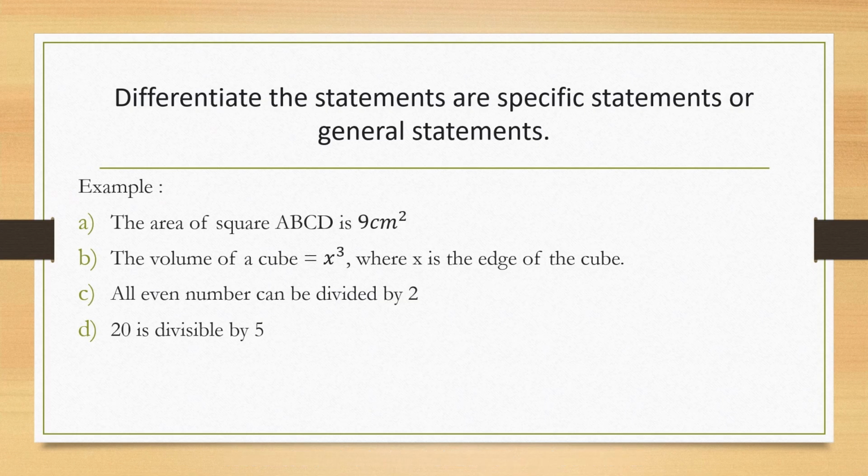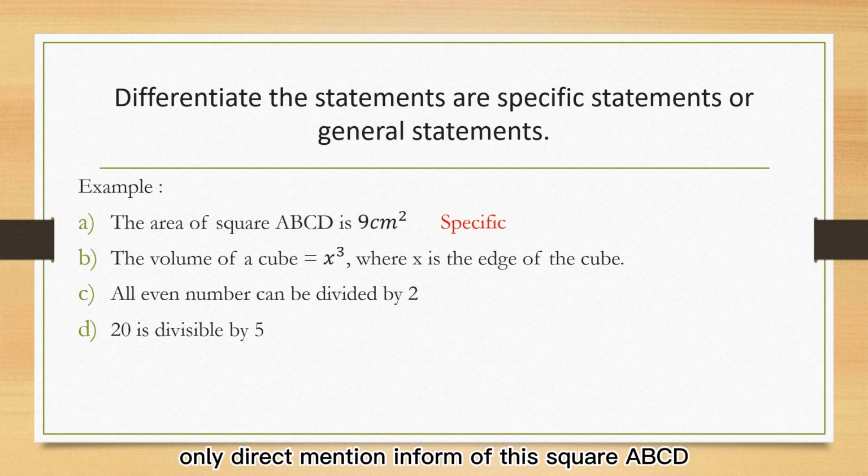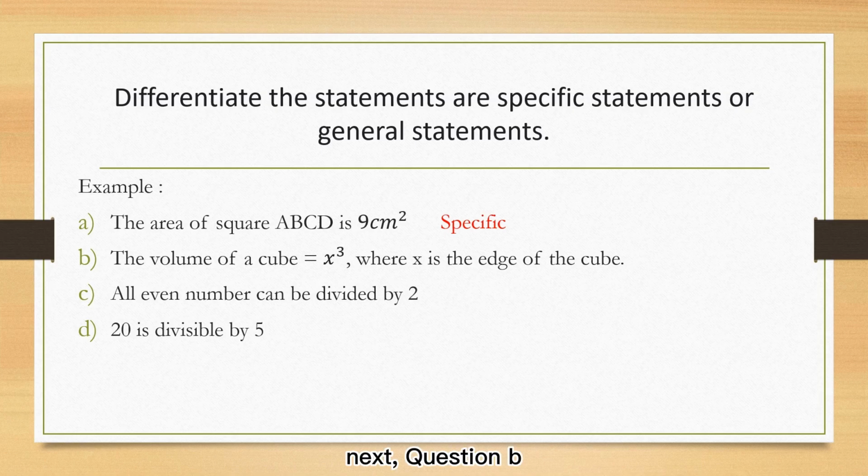Question A. The area of square ABCD is 9 square centimeters. It is a specific statement, because this statement only directly mentions this square ABCD. Next, question B. The volume of a cube equals x to the power 3, where x is the edge of the cube.